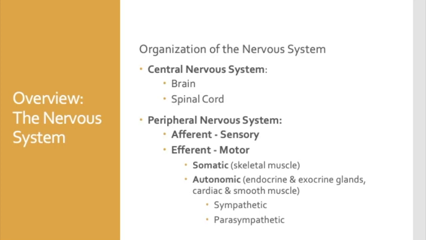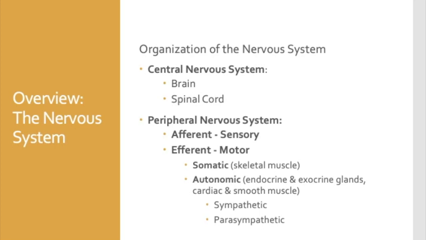In comparison, autonomic neural pathways are not under our conscious or voluntary control. These are involuntary neural pathways. These are the pathways that innervate glands, both endocrine and exocrine, as well as the other kinds of muscle, cardiac muscle and smooth muscle.